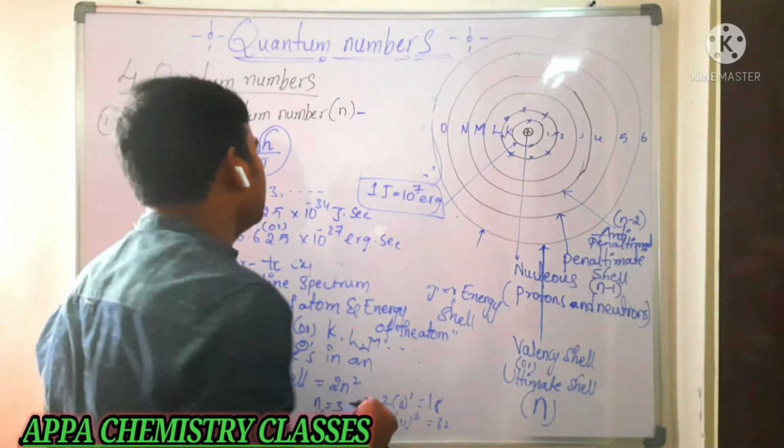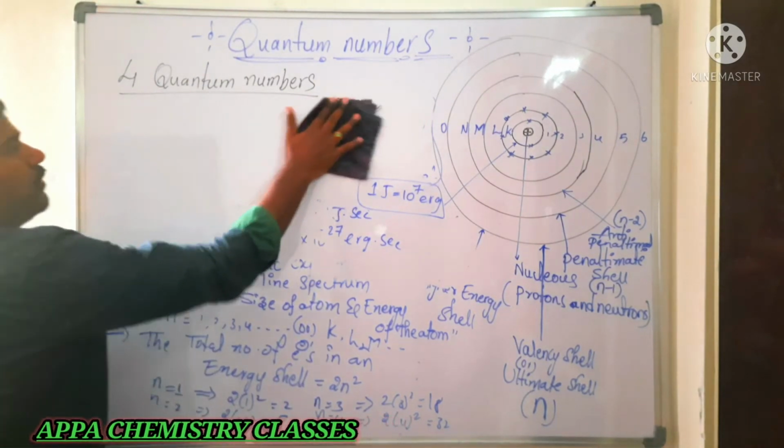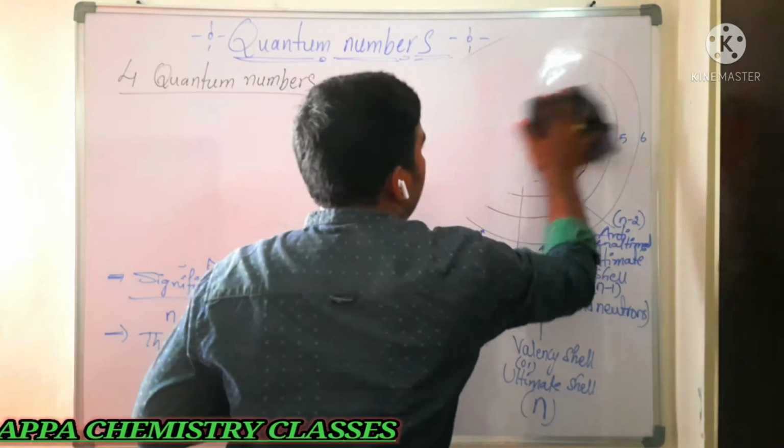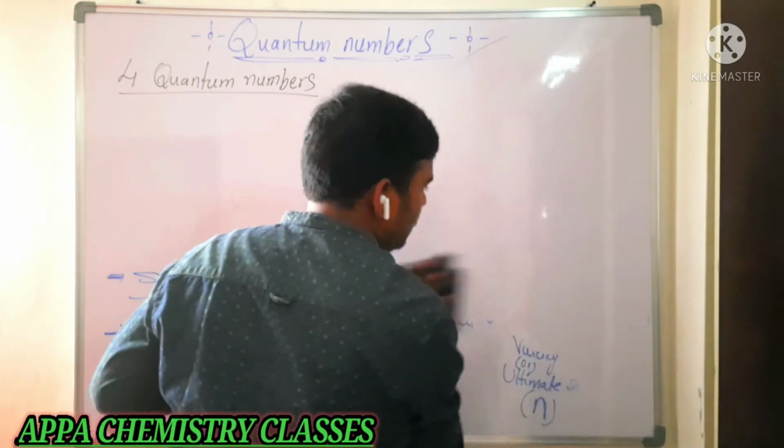Now we are going to see the azimuthal quantum number. The second quantum number is the azimuthal quantum number. It is also called the subsidiary quantum number.